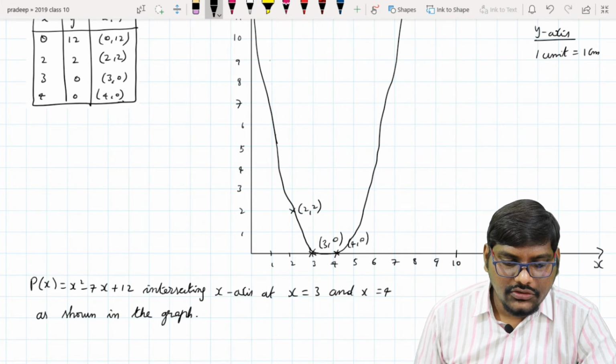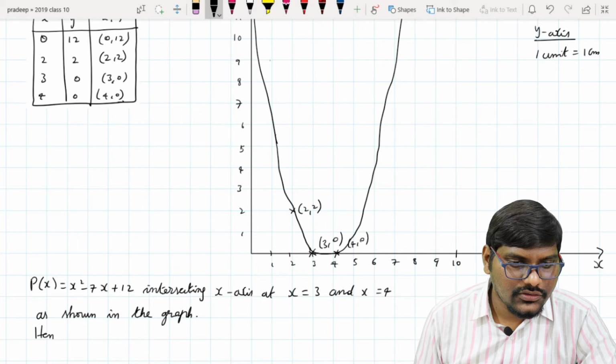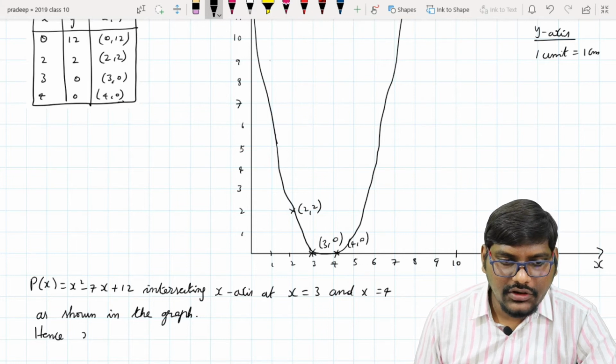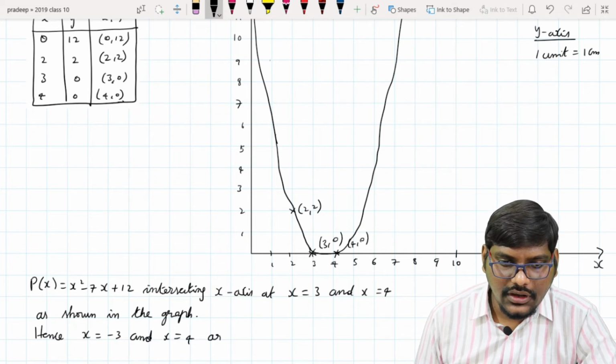Okay, so what are the x values now? Hence x equal to 3 and x equal to 4 are zeros of the polynomial.